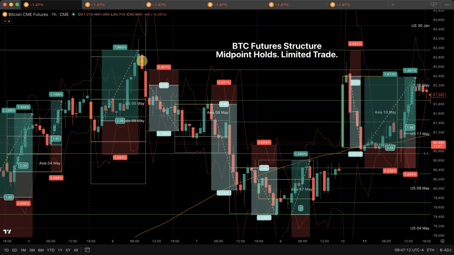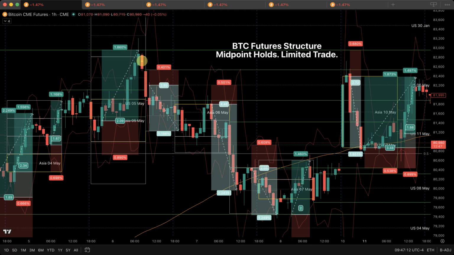The entry sits at May 11th U.S. session midpoint. Why there? Because the session formed compressed between May 10th Asia lower boundary and May 10th Asia midpoint. The midpoint becomes the first line where buyers must hold control. If price stays below the midpoint, the long is weak.